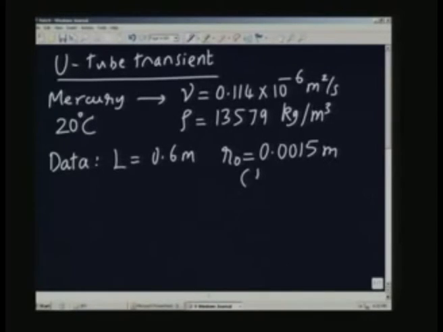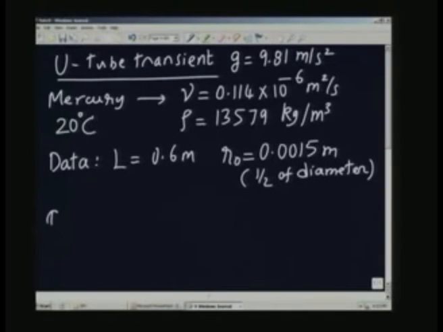So, this is the half of diameter, because if you remember, the resistance is calculated based on the radius of the tube and the length of the column. And of course, we will take g equal to 9.81 meter per second squared, which may vary slightly between different places. It may not be a major parameter to worry about.